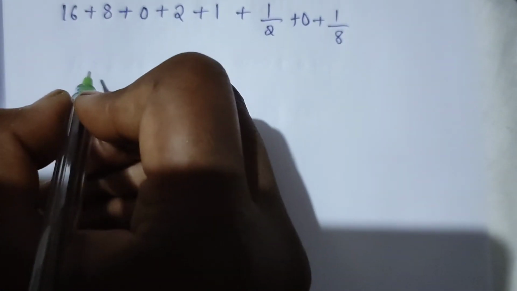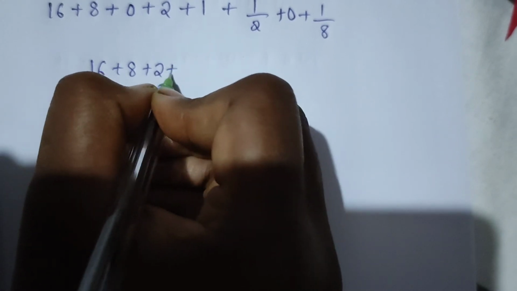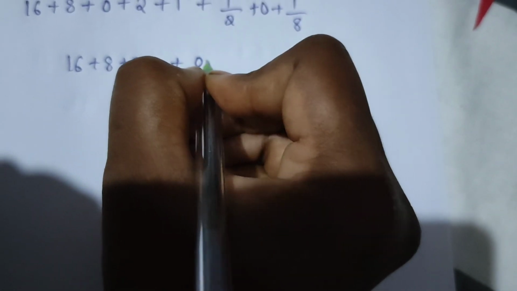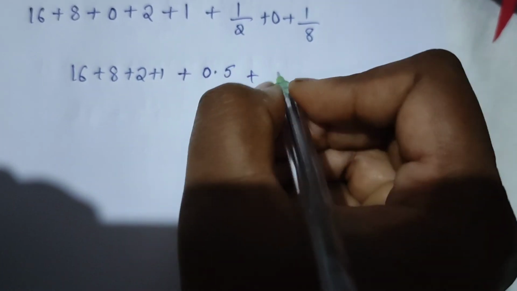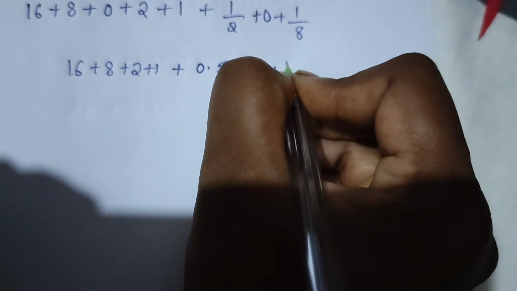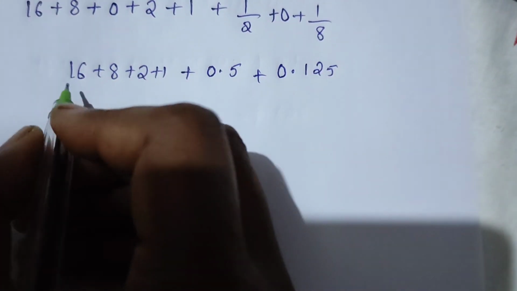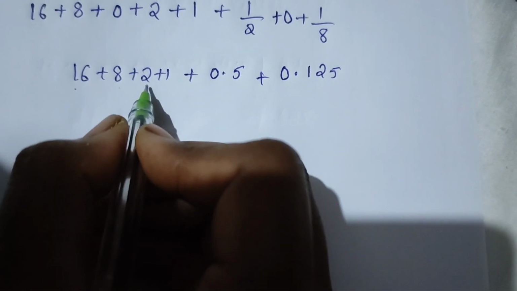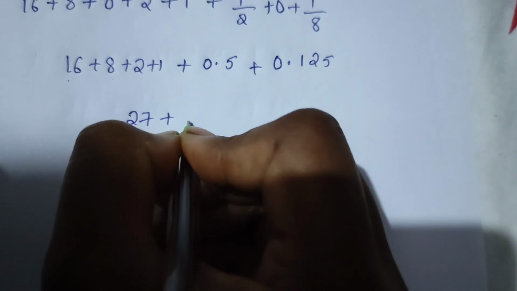Now add all these: 16 plus 8 plus 2 plus 1 plus 1 by 2, which is 0.5, plus 1 by 8, which is 0.125. Adding all these numbers, you will get 27.625.